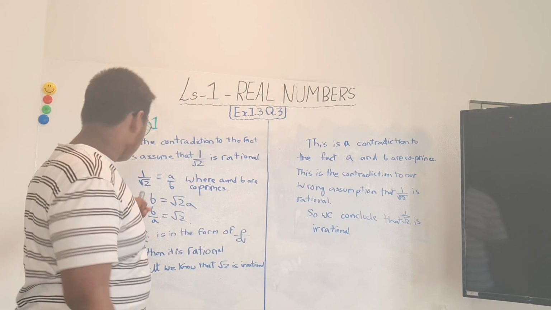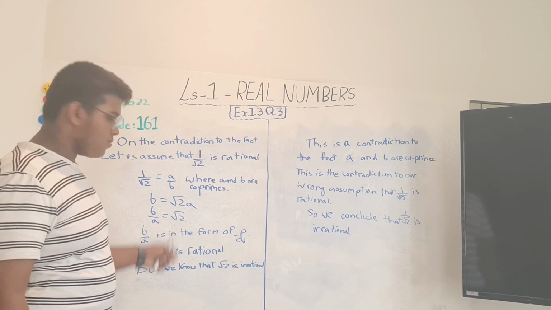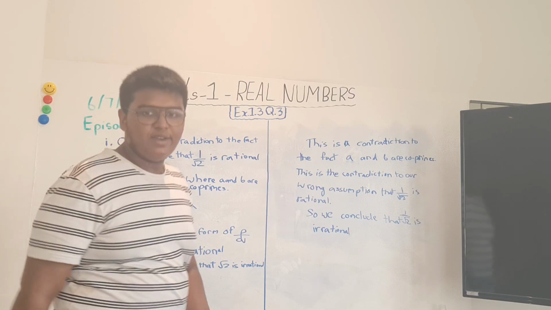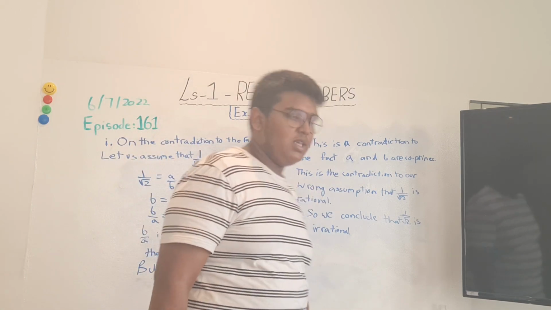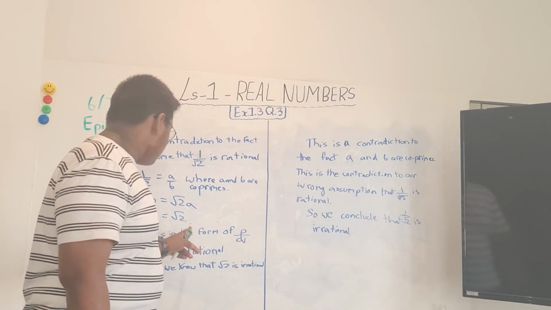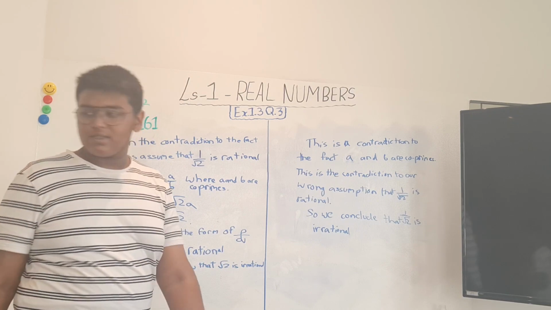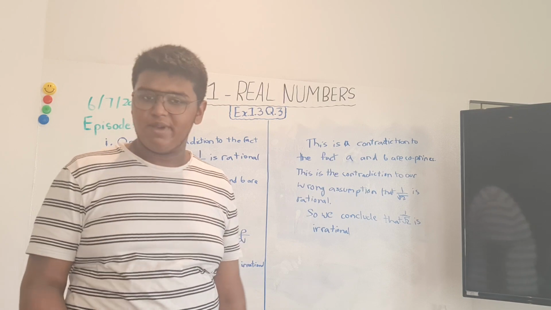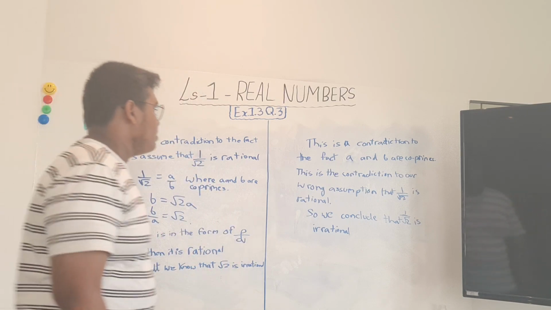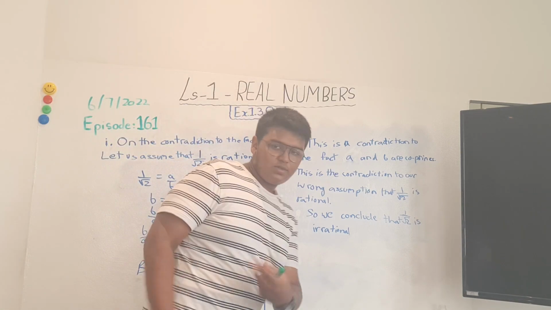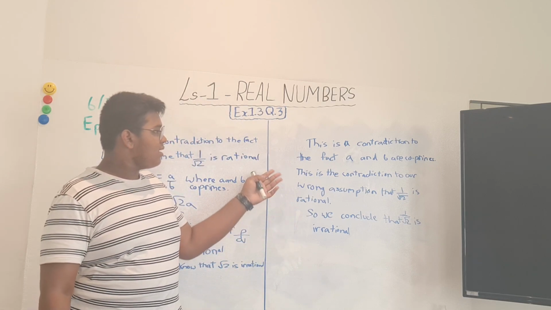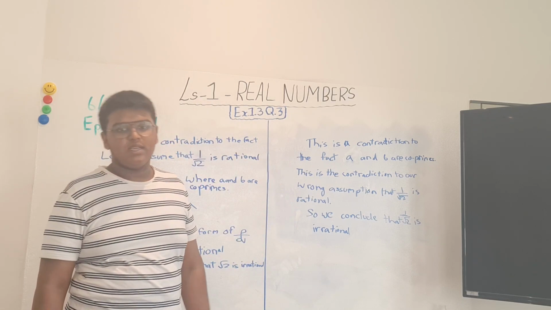But here they are telling b by a equals root 2, so that is wrong. The second thing is that it is in the form of p by q, but root 2 is irrational, so it cannot be written in the form of p by q. So that is wrong. With these 2 reasons, we can tell that 1 by root 2 is irrational.